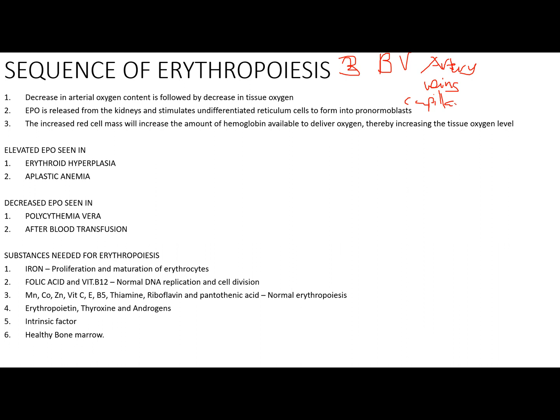Now, yung artery nyo class would contain oxygenated blood. Oxygenated blood from lungs, and it would go to the tissues. Now, if your oxygenated blood has very low, or basically there would be decrease in arterial oxygen content, since onti yung oxygen dun sa arterial blood nyo, this is going to be followed by a decrease in tissue oxygen.